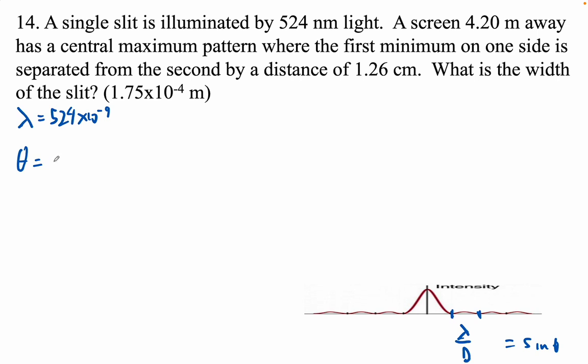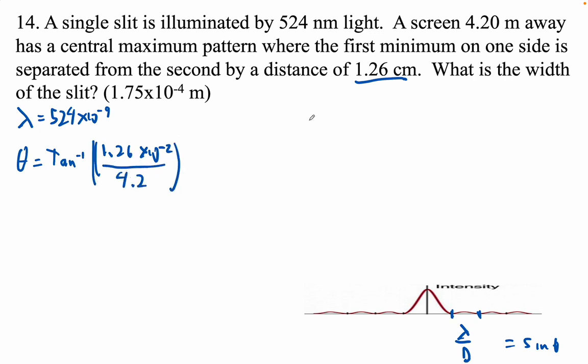it really doesn't matter whether we use inverse sine or inverse tangent. Let's just use the inverse tangent. So tan minus 1 of 1.26 times 10 to the minus 2, that's this, right? Over 4.2.